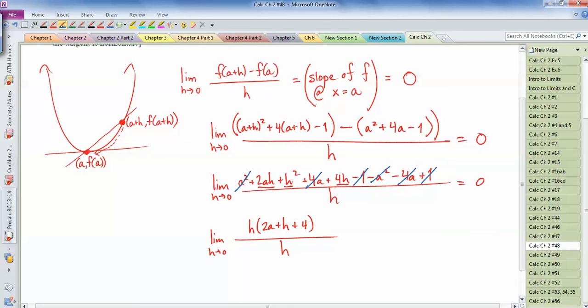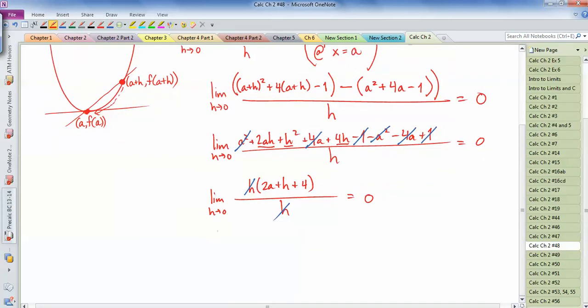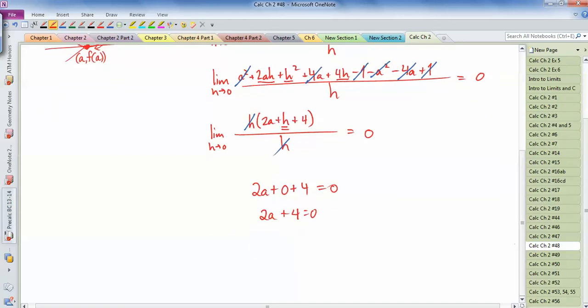And at this point, I can cancel my h's. This still has to equal 0. And now I can actually plug in h equals 0, so I end up with 2a plus 0 plus 4 has to equal 0. So 2a plus 4 equals 0. So 2a equals negative 4. So a equals negative 2.